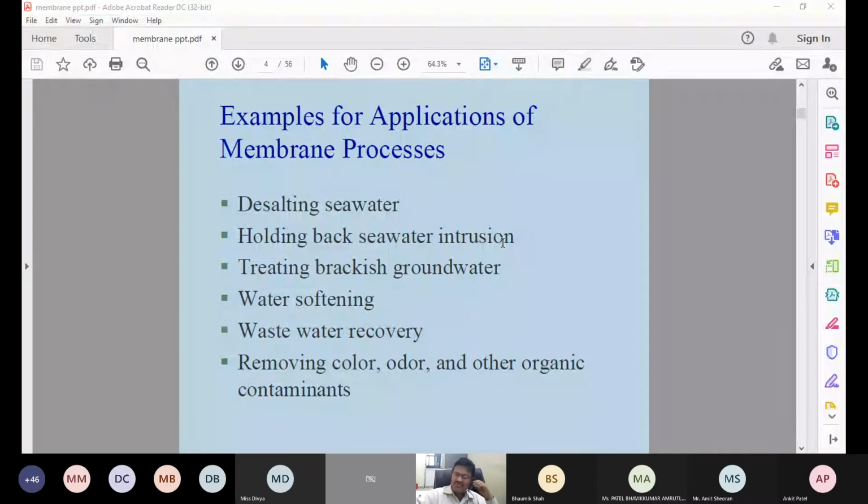As you know, in water treatment we are generally removing solids. You are aware that we very much use the reverse osmosis process, and ultrafiltration or microfiltration, for water treatment. So we should know what types of solids are there.